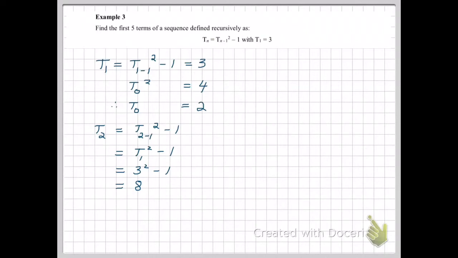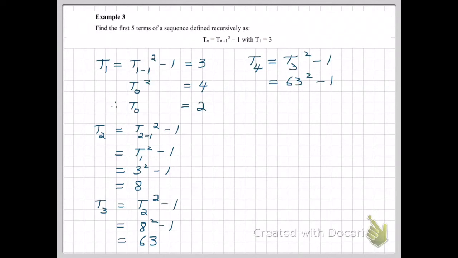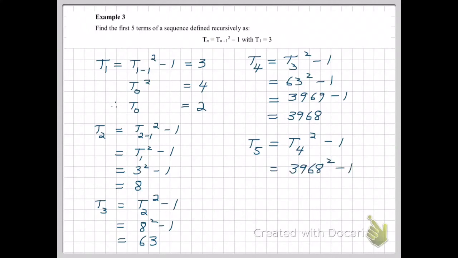The pattern should be coming fairly obvious now, so let's just jump straight to it. t3 equals t2 squared minus 1, which is 8 squared minus 1, or 63. t4 is t3 squared minus 1, which is 63 squared minus 1, giving 3,968. And finally, t5 equals t4 squared minus 1, which gives this rather large number.